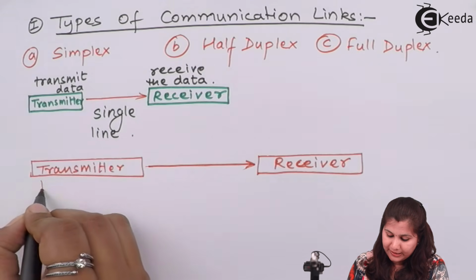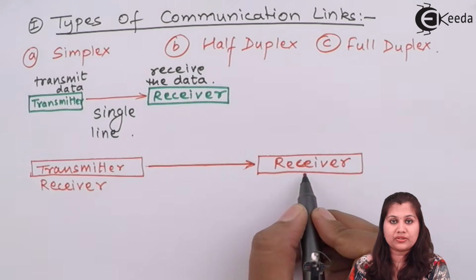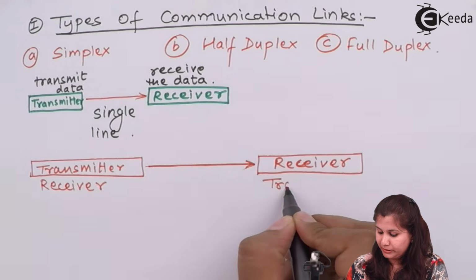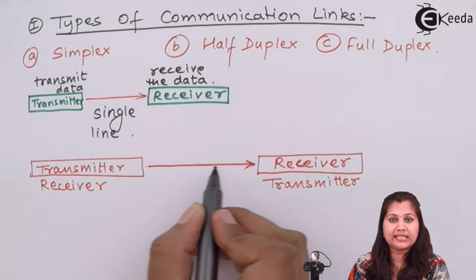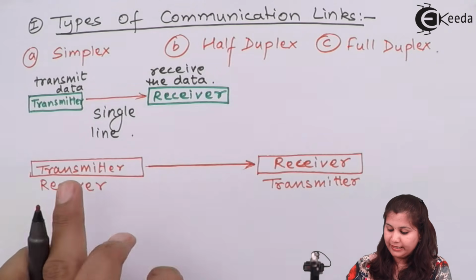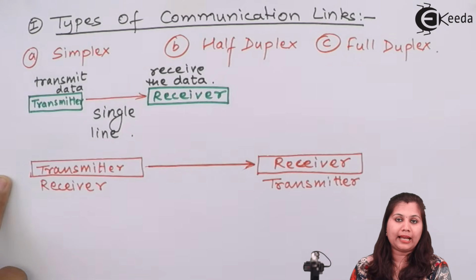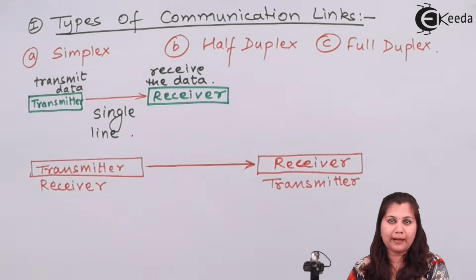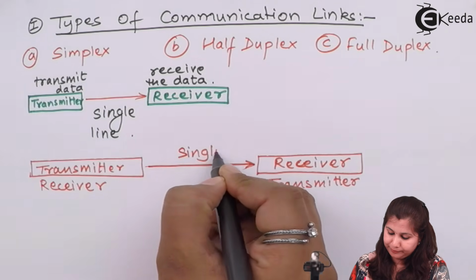So this transmitter is acting as receiver also, and this receiver can act as transmitter also. But here we have only a single line. So this single line can be used for sending the data from 1 to 2 and also from 2 to 1. That means only a single function can be performed by this single transmission line.